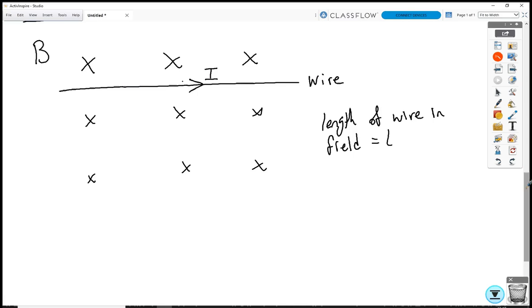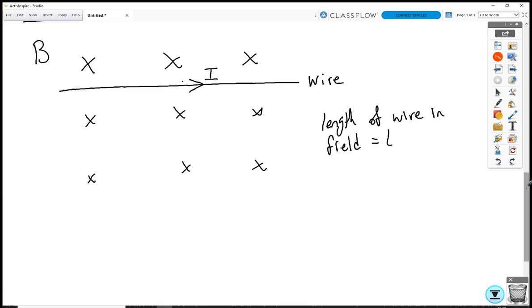Now, there is an angle between the current and the magnetic field lines. So at the moment, if you were to look at the current, it goes towards the right, and the magnetic field lines point into the paper, so they're at right angles to each other. We could position this wire so that it goes at some angle going into the paper or some angle out of the paper.